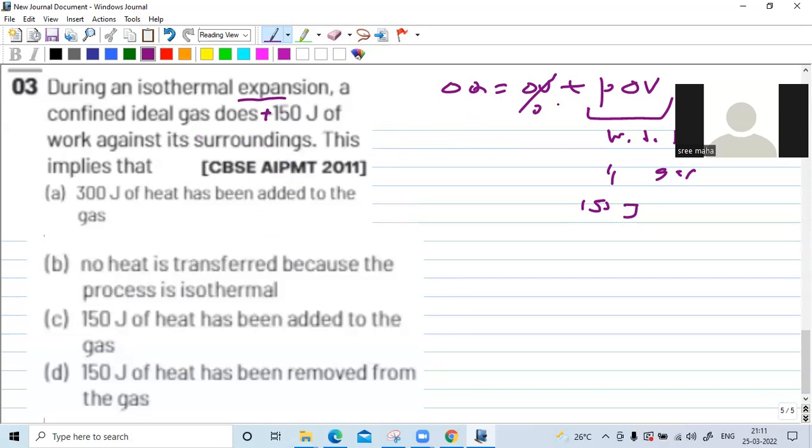It's isothermal, so delta U is 0, and since it's expansion, heat should be added to the system. When the gas expands, the work is done by the gas. The work done by the gas is plus 150. So according to me, this should be only plus 150, not minus.